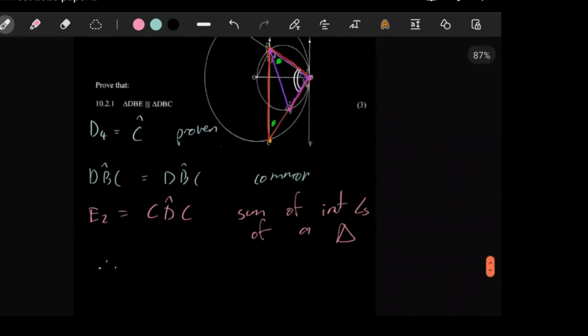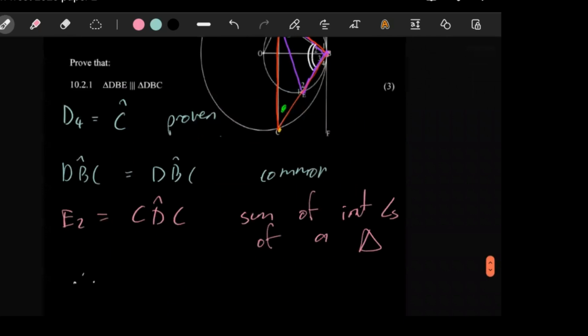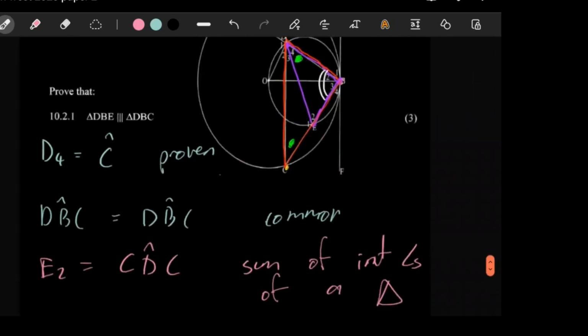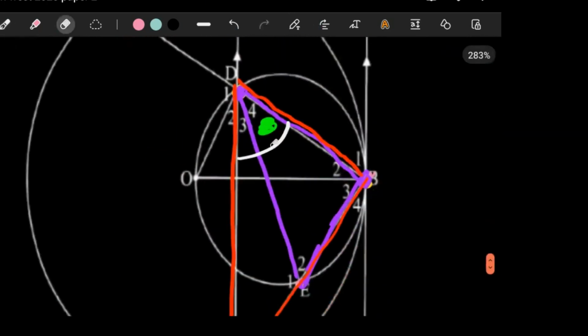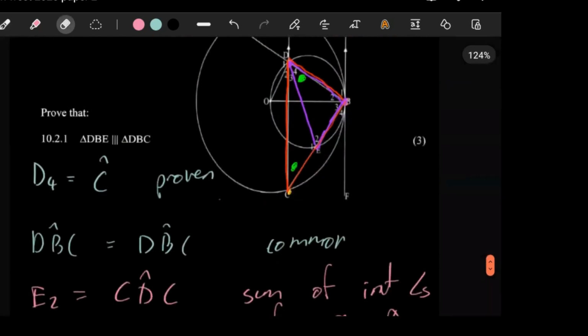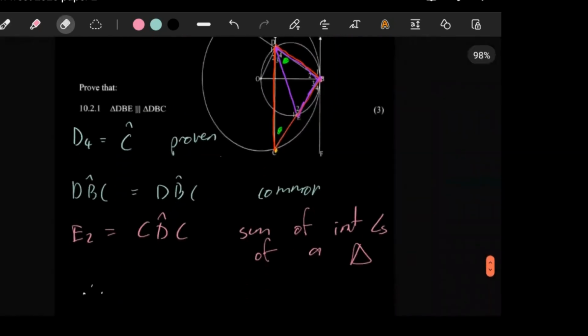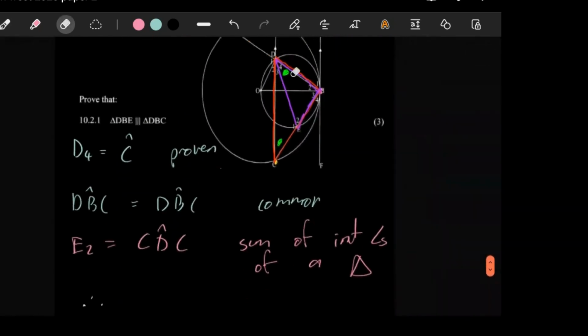Now, if you're going to name these triangles, the best thing you can do for yourself is to name them according to the angles that match, you see. So let me maybe not even mark these white ones because they're just going to make things a bit annoying. So I think we can name these triangles according to, we can start with the first one, the purple one, we can maybe call it DBC.